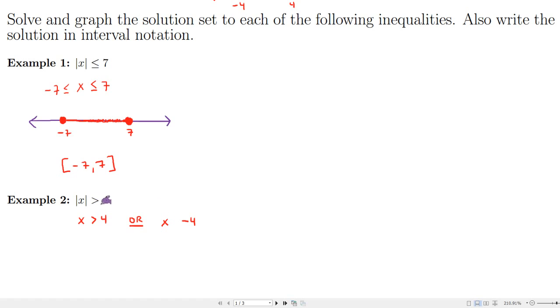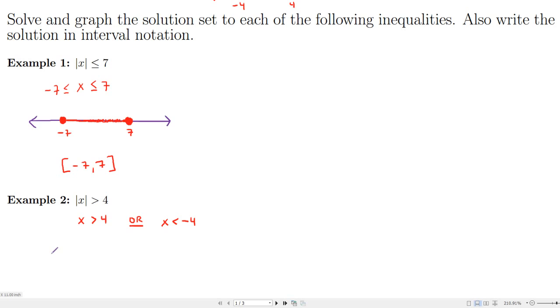But what's going to change is that inequality has to change. Okay? So I'm not a fan of memorization, but if you do memorize this, it'll be a little bit faster for you. But if you do forget, you can always do the testing of a value, like I was saying.